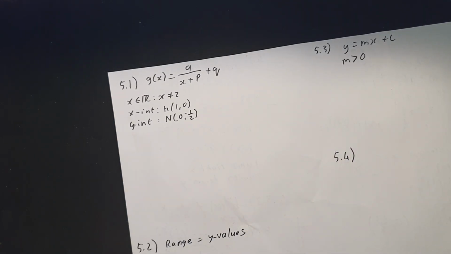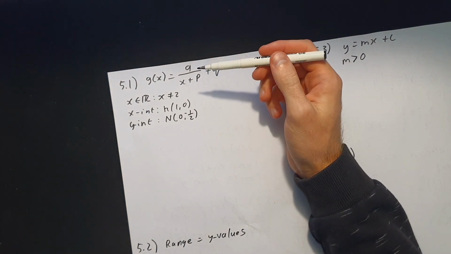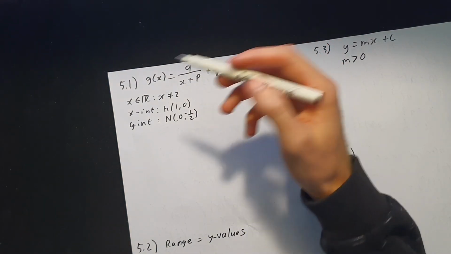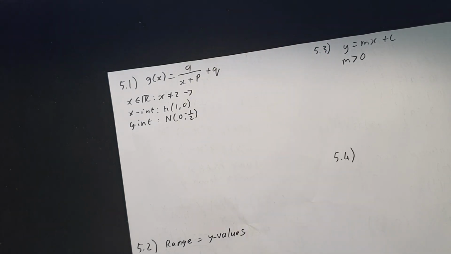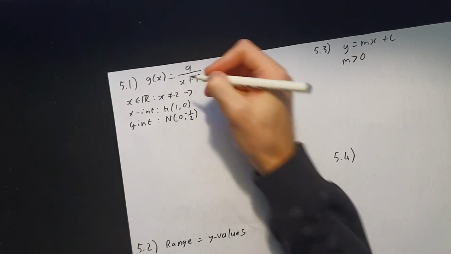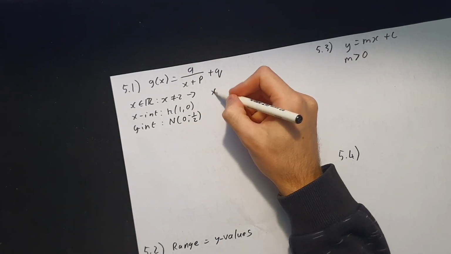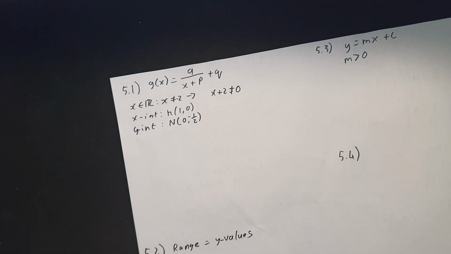So how do we go about doing this? Well, there are 3 unknowns, so we're going to need 3 equations essentially. The first piece of information they gave us was the domain. They said x may not equal negative 2, which means that x plus 2 may not equal 0.